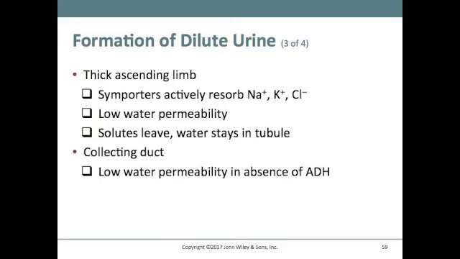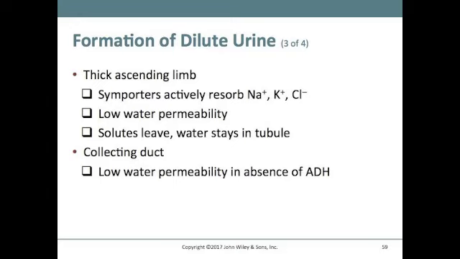The fluid entering the distal convoluted tubule is thus more dilute than plasma. Furthermore, while fluid continues flowing along the distal convoluted tubule, additional solutes, but only a few water molecules, are reabsorbed. The early distal convoluted tubule cells are not very permeable to water and are not regulated by antidiuretic hormone.